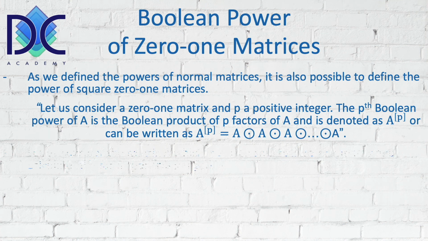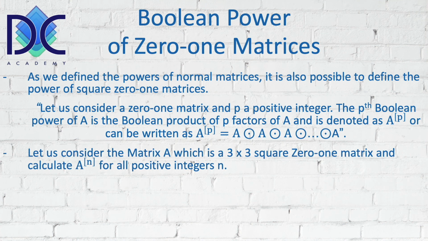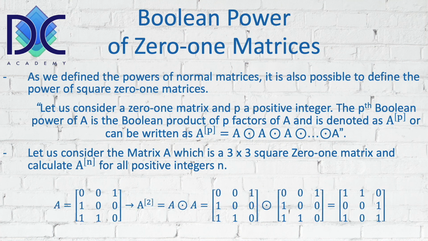Now let's consider a matrix A, which is a 3 times 3 square 0, 1 matrix, and we want to calculate A to the power n for all positive integers. Now when we do this, we have A times A like we did before, so we can use the previous formulas, and we find that the result is 1, 0, 1, 1, 0, 0, 0, 1, 1.